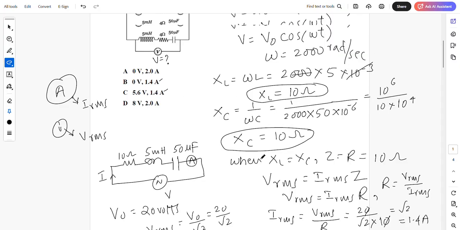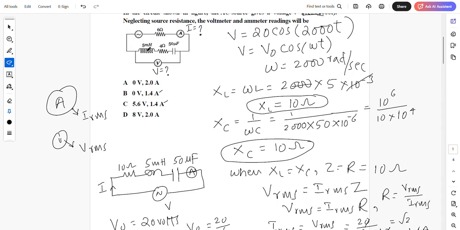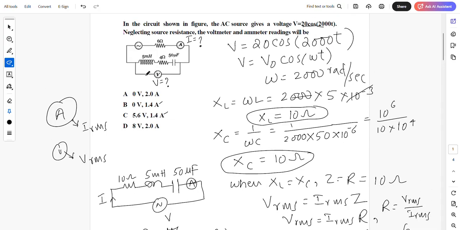Now we have to calculate the reading of the voltmeter. To calculate the voltmeter reading, again this will act as an LRC circuit. You observe only this part. The current is already flowing in this circuit.